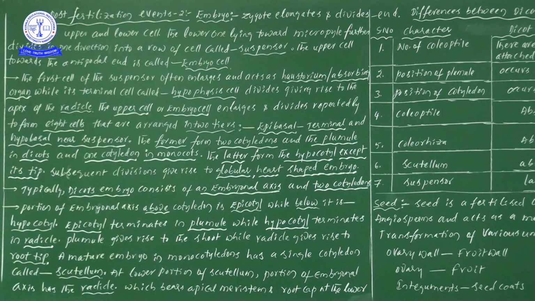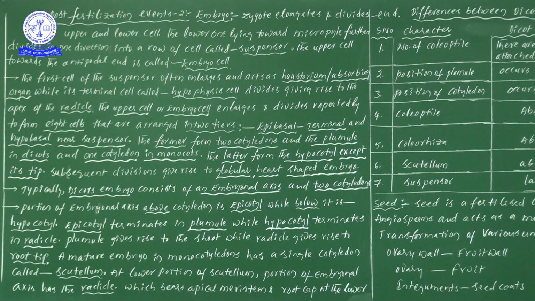Now, what is the information here? The epibasal, the former, forms 2 cotyledons and the plumule in dicots.